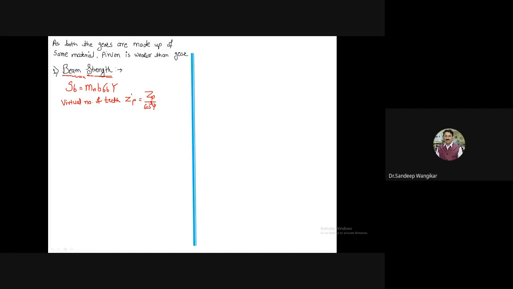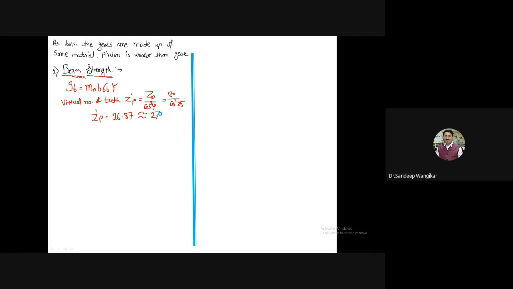So 20 divided by cos cube of 25. You will get the answer as 26.87.